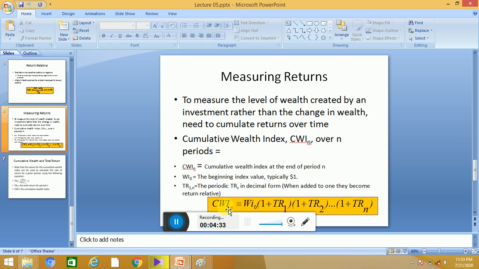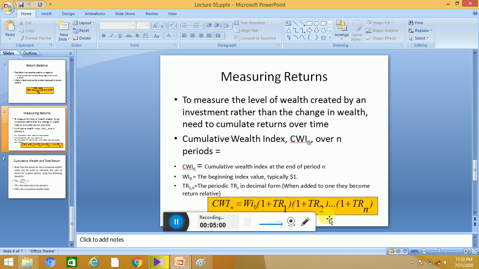So this is the formula. CWI is equal to the wealth index in the beginning, I naught, which means today's wealth, times 1 plus total return 1, the first year return, then 1 plus total return 2, the second year return, and so on, up to 1 plus total return n.